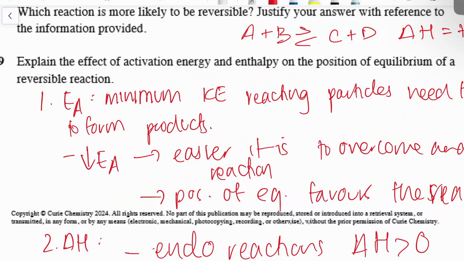They might next time give you the equation with the delta H. They might next time not even ask you in part A. Part A might be a calorimetry question where you have to calculate enthalpy yourself, and then part B asks you to predict the position of equilibrium.